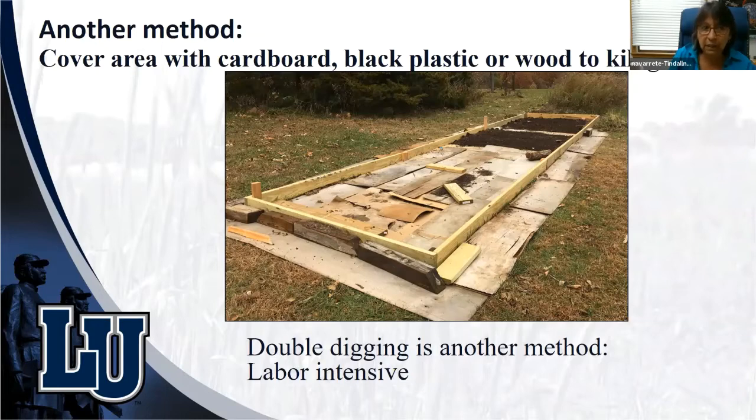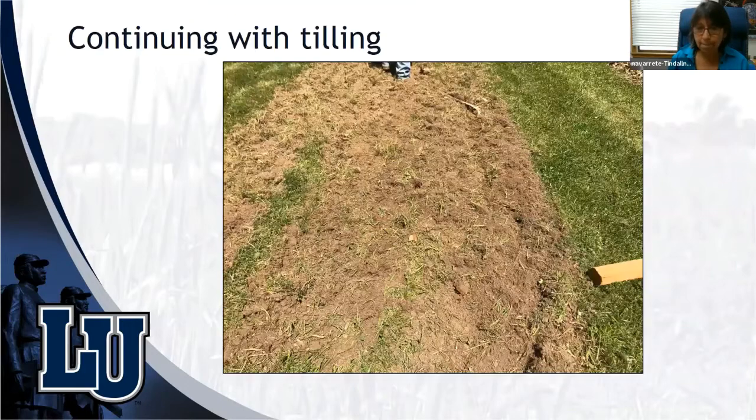You can cover an area with cardboard, with black plastic or wood, just to kill the grass. This is a project that I had at a conservation area using some old pressed wood. And there is another method that is called double digging, but it's labor intensive and we won't mention it today.